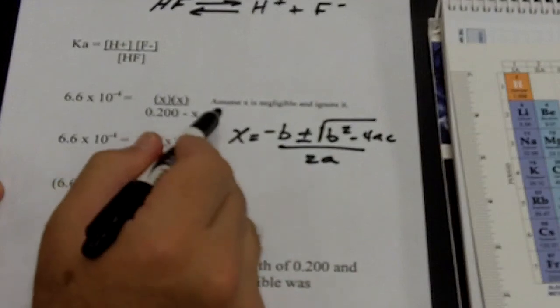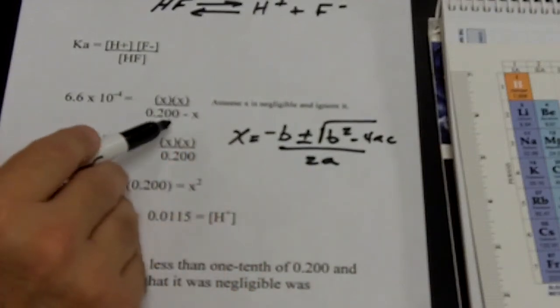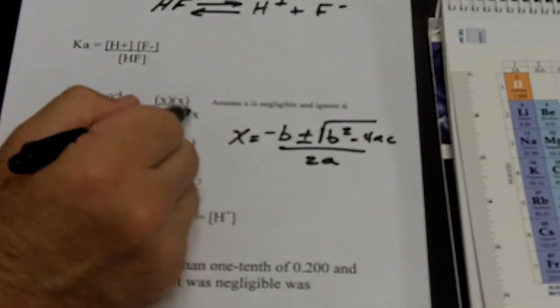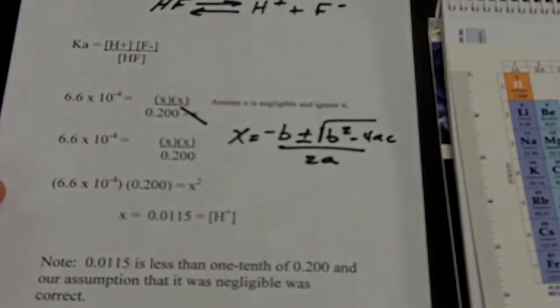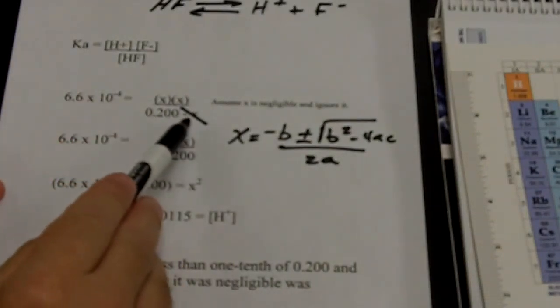So I'm going to assume that the X here is negligible, and I'm just going to ignore it. I know my answer is not going to be perfect, but I think it's going to be pretty close to the accurate answer, because this is a weak acid, so X is not very large. So I'll proceed on that basis.